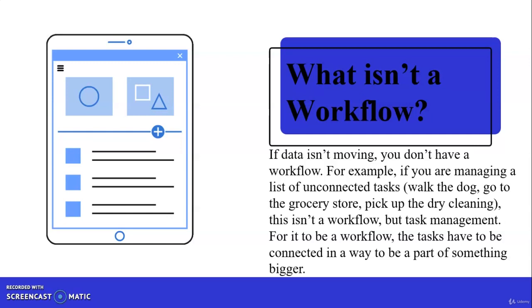You can do it in any order you want: pick up your dry cleaning first and walk your dog afterwards, or walk your dog first, pick up your dry cleaning afterwards, and go to the grocery store in between any of the tasks. So these data aren't connected. For it to be a workflow, the tasks have to be connected in a way and be part of something bigger.